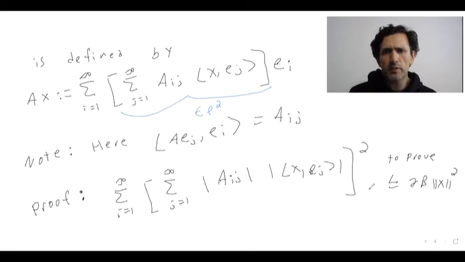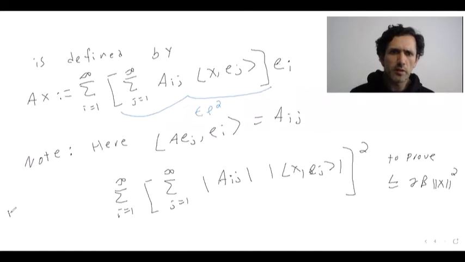And if I can do this, then I'm done because, in particular, Ax is an element in my Hilbert space, and we know what the norm of Ax is.